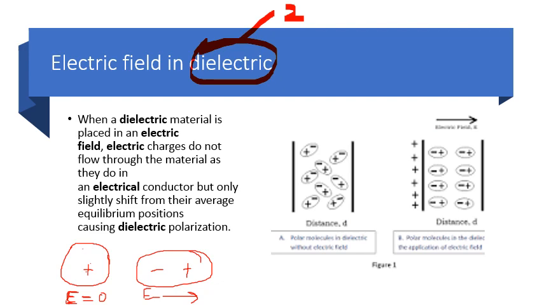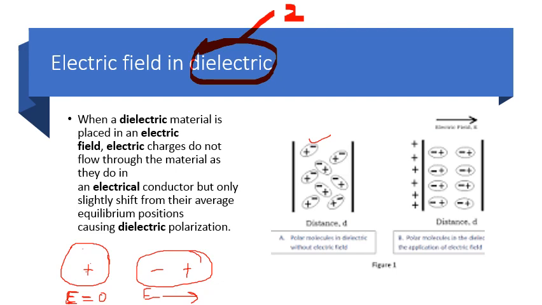The same is also shown here. If you also have some dipoles, as shown in the figure on the right hand side, these dipoles are shown in random motion. In our figure, I explained in terms of electronic polarization.